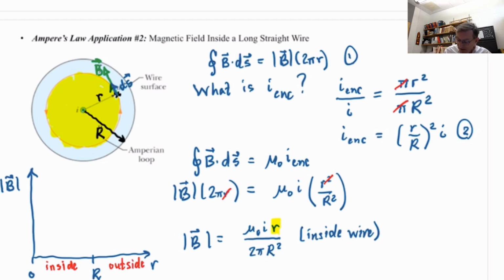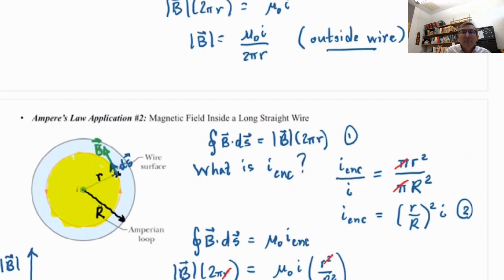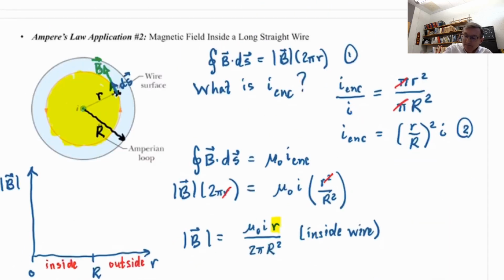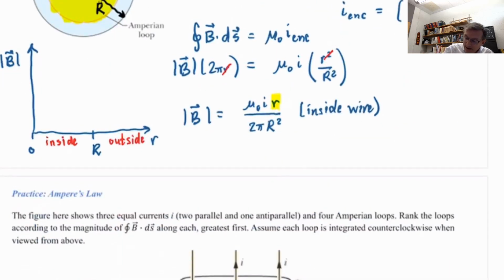And now I just plot this using the inside-wire part for r less than big R, and the outside-wire part, which has an r downstairs if you're outside the wire. So inside, the field grows linearly with r. You just have a line going up like so.